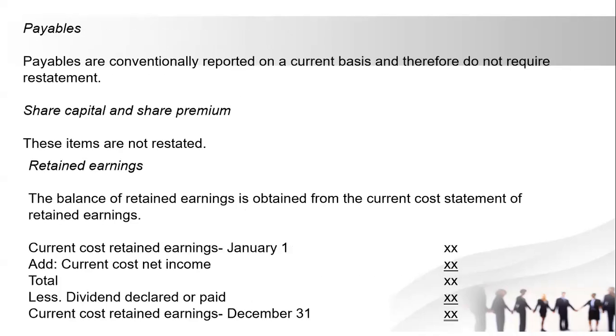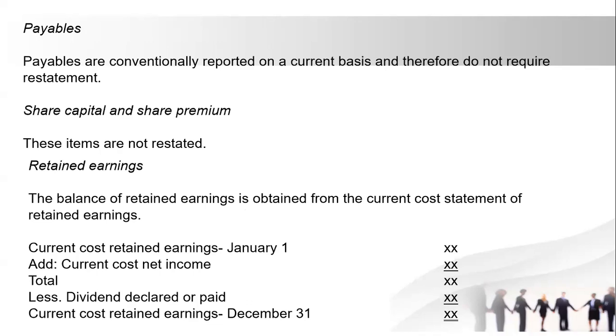The payables are conventionally reported on a current basis and therefore do not require restatement. Share capital and share premium are not restated. Retained earnings: the balance is obtained from the current cost statement of retained earnings.